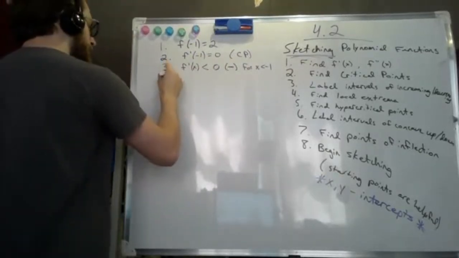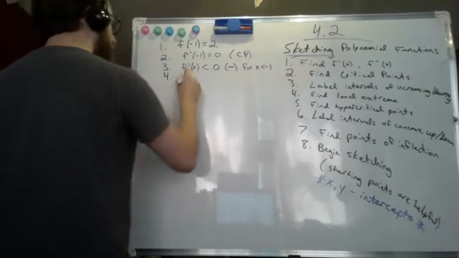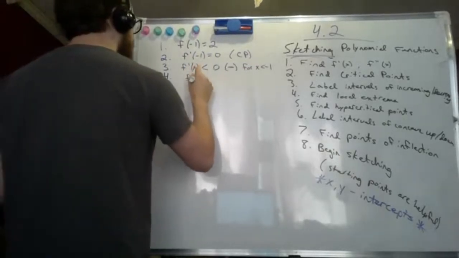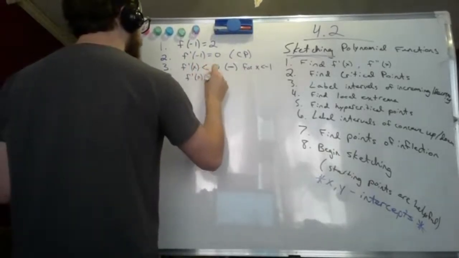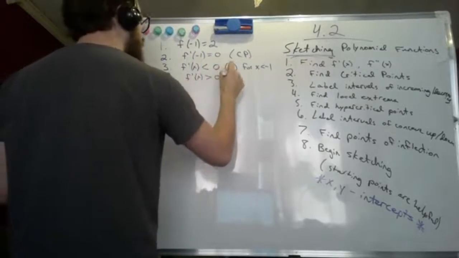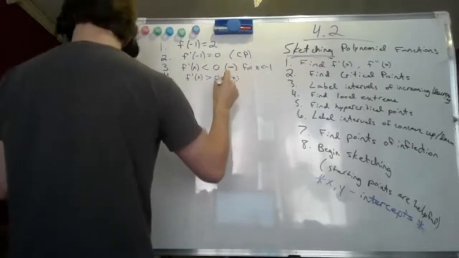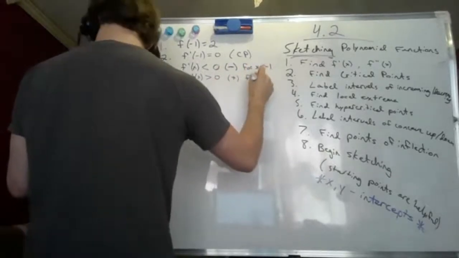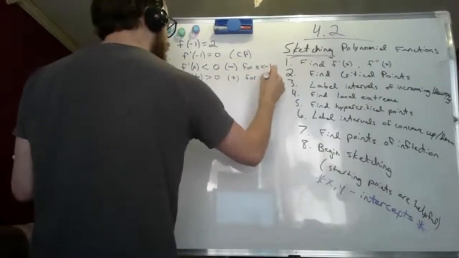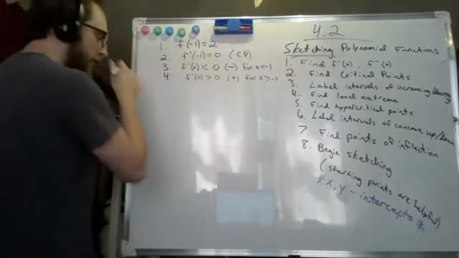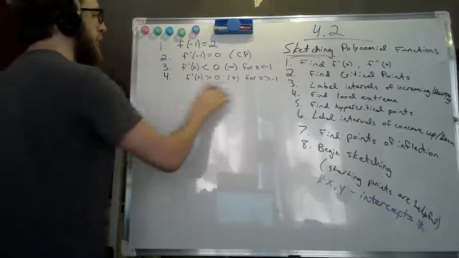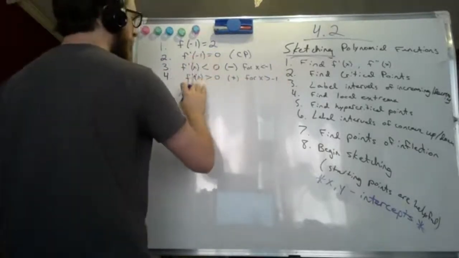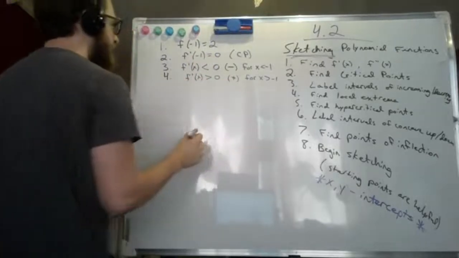What else do they give us? 4, f prime of x is greater than 0, so that's positive, so it's increasing for x greater than -1. So for x's to the right of our critical point, it's going to be increasing.